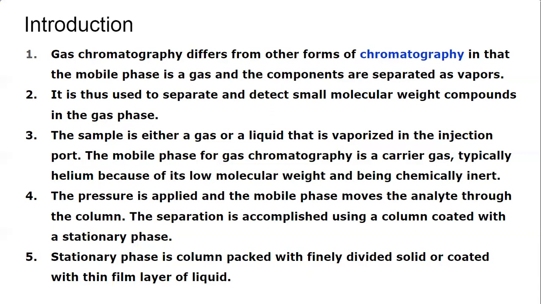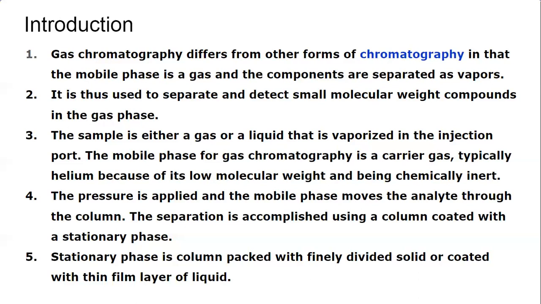Next, the mobile phase for gas chromatography is a carrier gas. Here the mobile phase is in gas state, and we call it a carrier gas, typically helium. Frequently we use inert gases like helium, or else we can use nitrogen, oxygen and other gases depending on the circumstances.